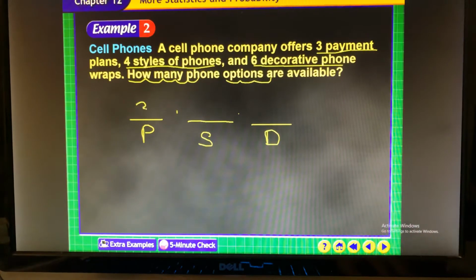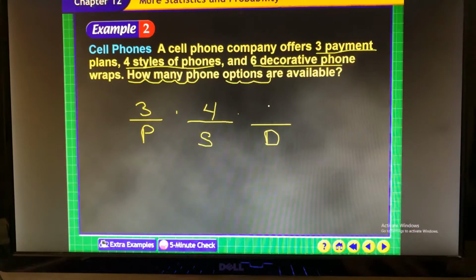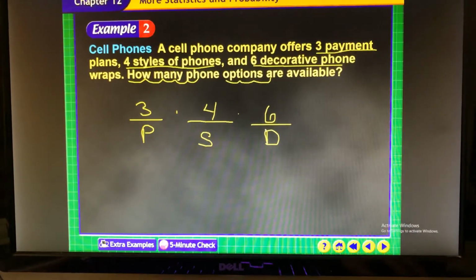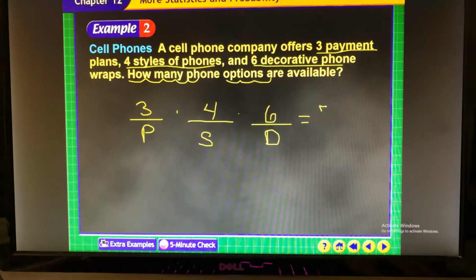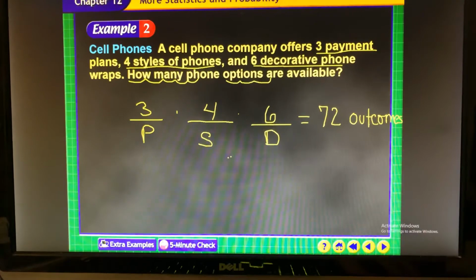There are 3 payment plans, 4 styles of phones, and 6 decorative phone wraps. So how many different outcomes do I have? 72 possible outcomes. So there's 72 different ways to pick from those choices.